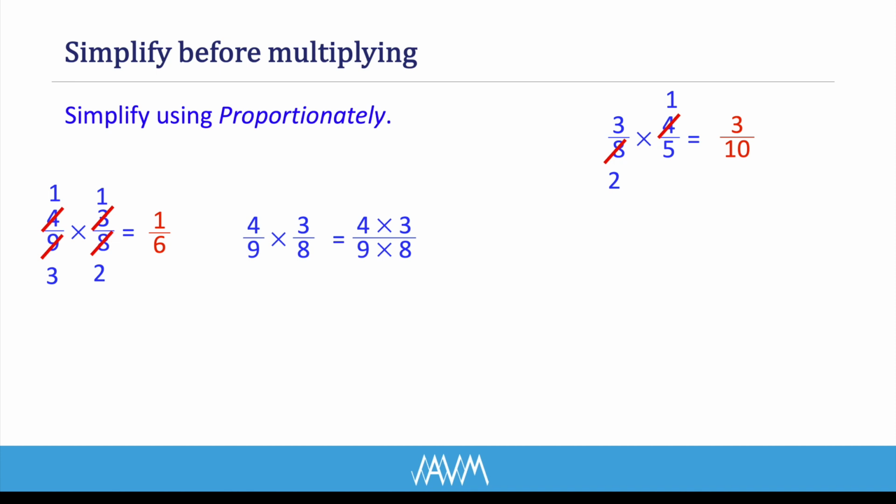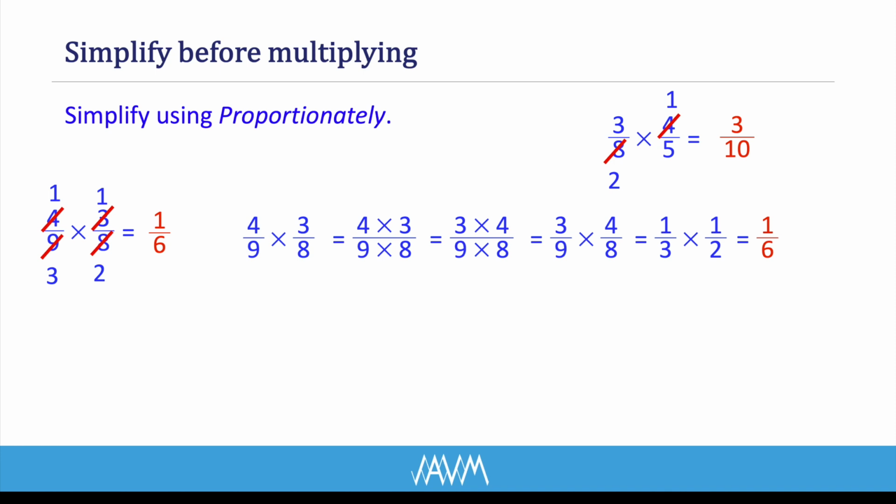But 4 times 3 is the same as 3 times 4. So we can look at it like this. And if we were to pull this fraction apart into 2 fractions, it would be 3/9 times 4/8, which on simplifying is 1/3 times 1/2, which is 1/6. That's just by way of explanation.